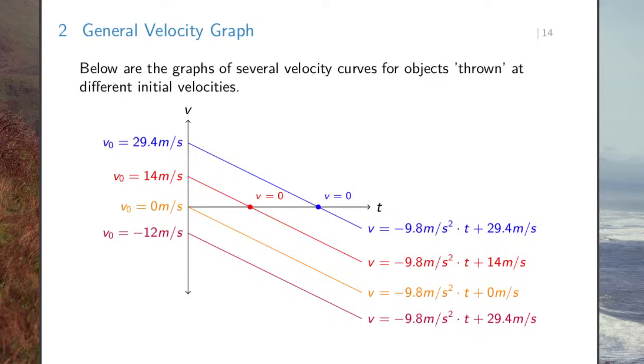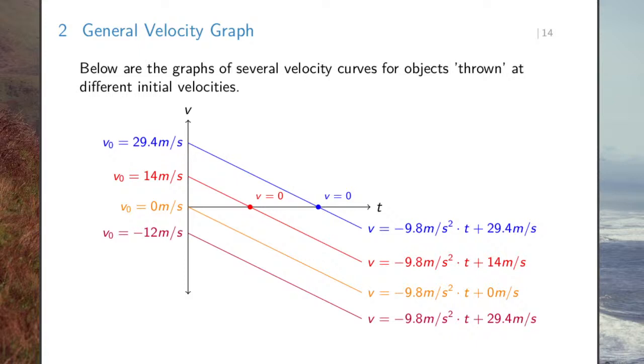Anyway, so here's some velocity graphs with curves. So I'm just going to use this term thrown in quotations here, because thrown could mean fired from a cannon, thrown by a person, being ejected from a volcano, or whatever. Just something that has an initial velocity of something, or just something that's allowed to be acted on by gravity.